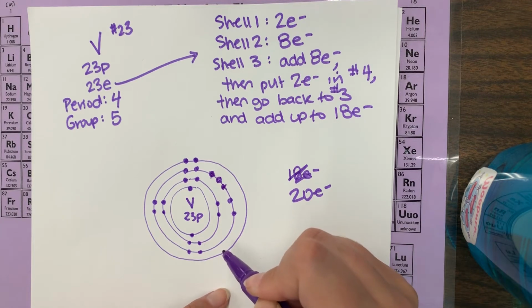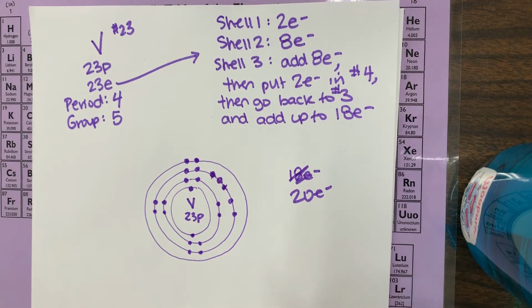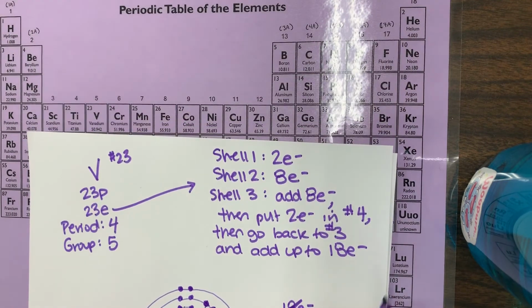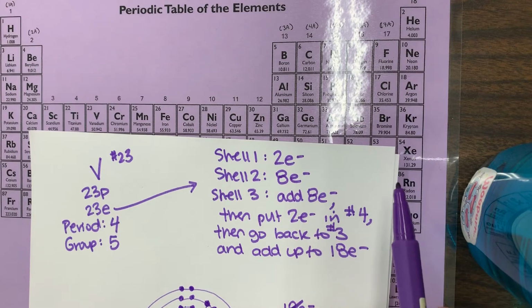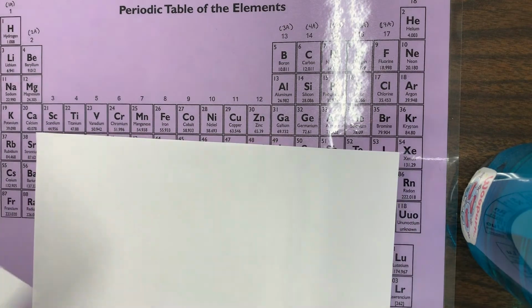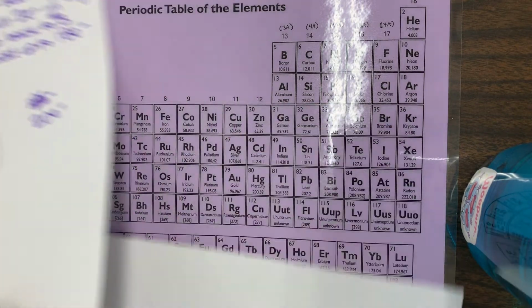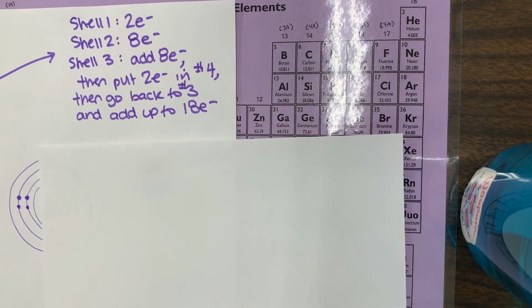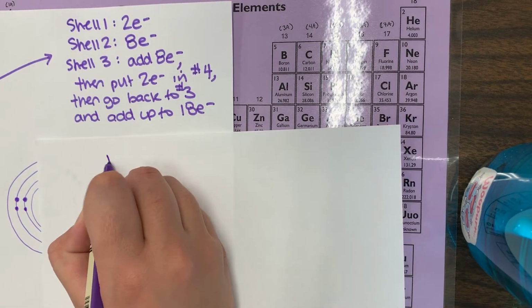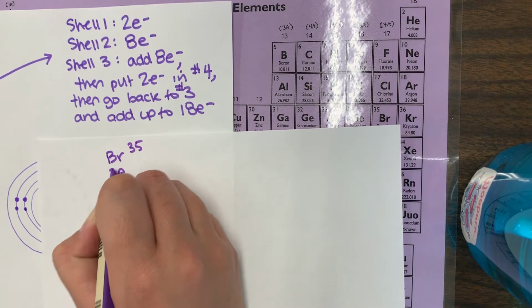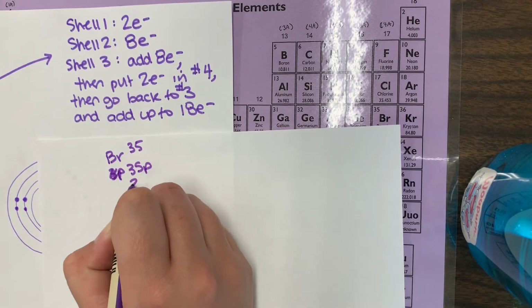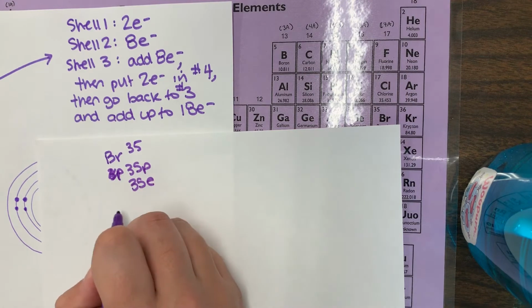Okay? I'm going to go ahead and do one more. I will do the model for bromine, number 35. I'm going to keep the rules here. Bromine is 35. So we have 35 protons, 35 electrons.